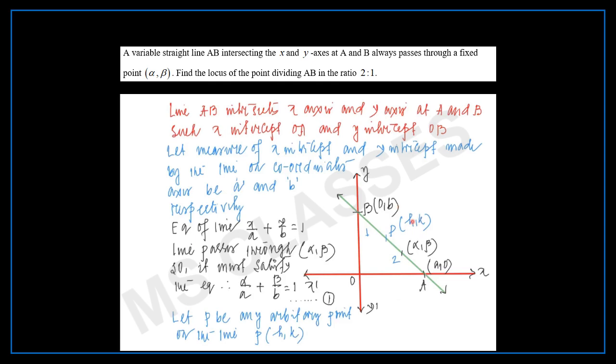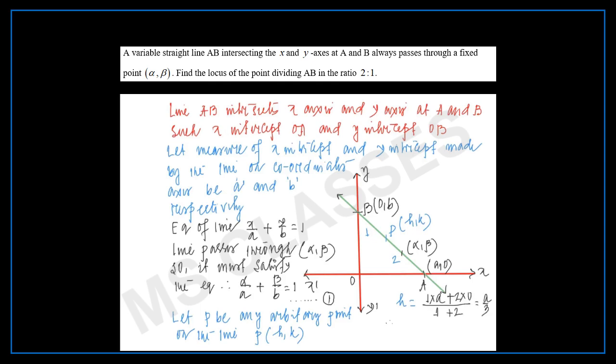Now here P is dividing in the ratio 2:1. Now we can find H and K and utilize this geometrical condition. What is H? H will be 2 into 0 plus 1 into A by 2 plus 1, so H is equal to A by 3.